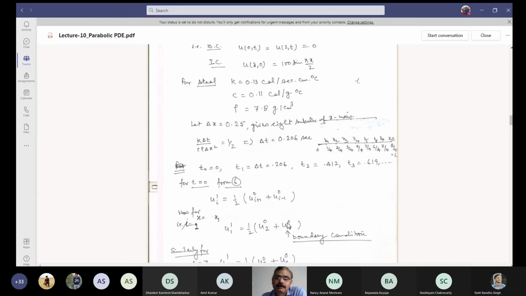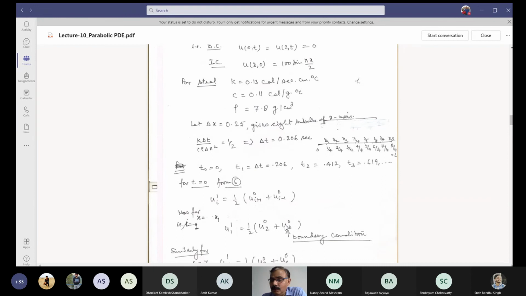What is this? u(0,0): x is 0, t is also 0. Both are 0 fortunately here. You see, this is the initial condition also, and this is the boundary condition also at x equal to 0.